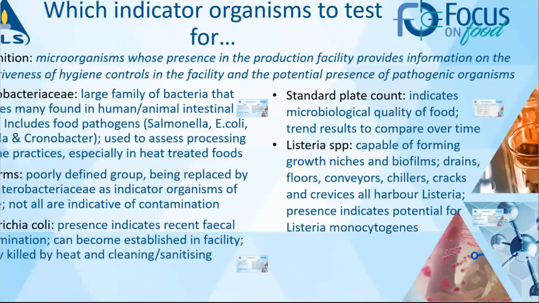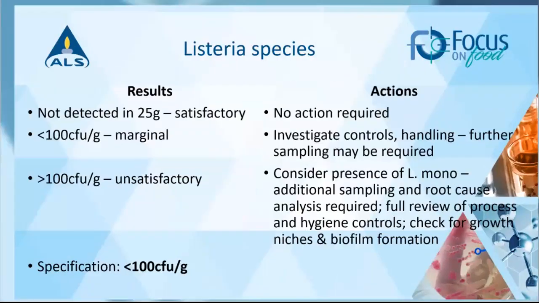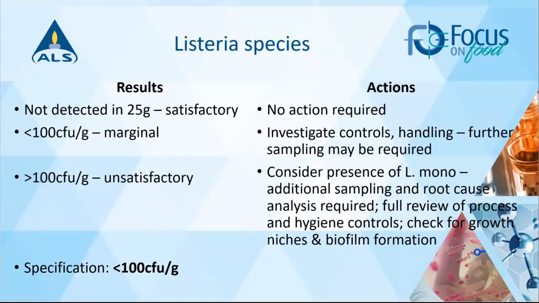Finally, in products at risk of contamination with Listeria monocytogenes, testing for Listeria species in the facility as part of an environmental monitoring program is highly recommended. Obviously, it's risk-based, whether you decide to do that or not, but Listeria species are capable of forming growth niches and biofilms, particularly in areas such as drains, the floors, under the conveyor belts, in chillers, cracks and crevices.